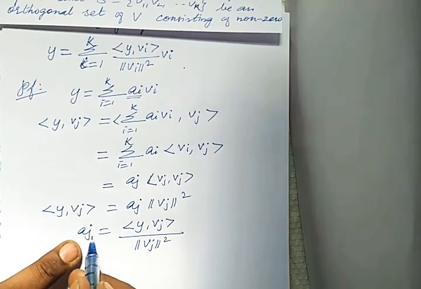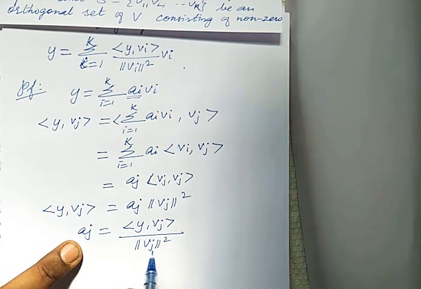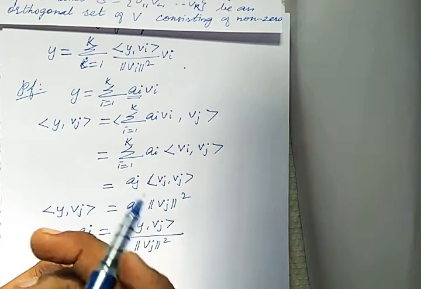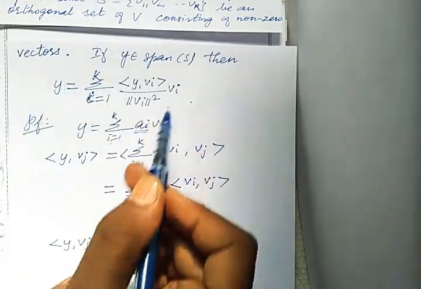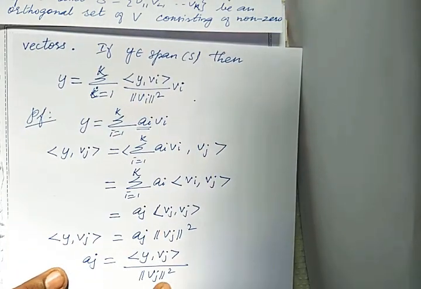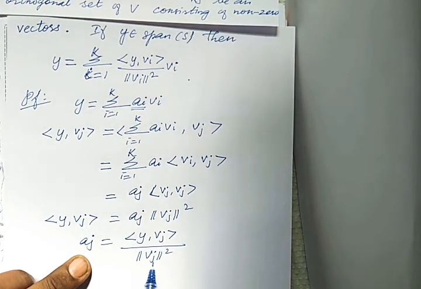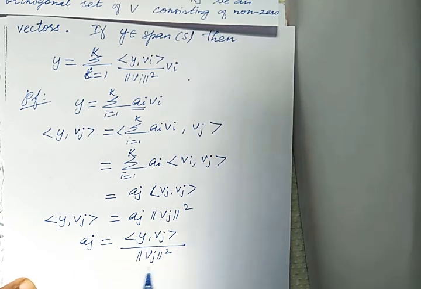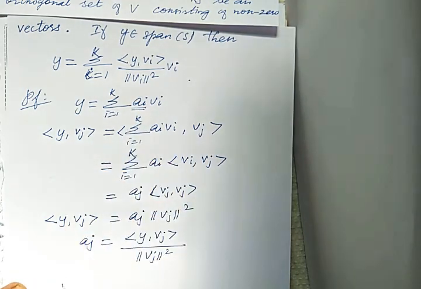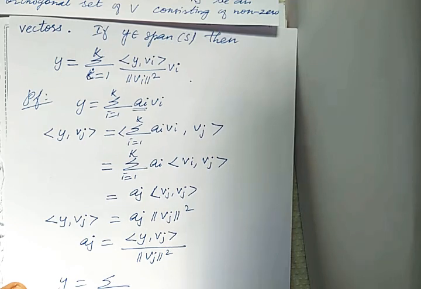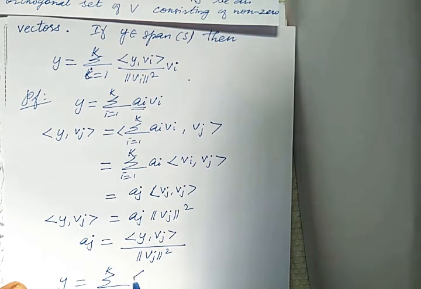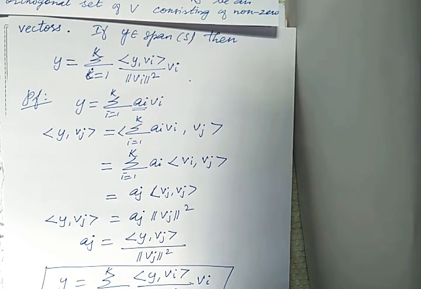Instead of this aj, if you put ai, here i only. So we have arrived at this proof. We have got aj, so here it has to be i, here it has to be i. So substitute this aj in this equation. So y is equal to the summation i varies from 1 to k of the inner product of y comma vi divided by norm vi squared, into vi. That's all.